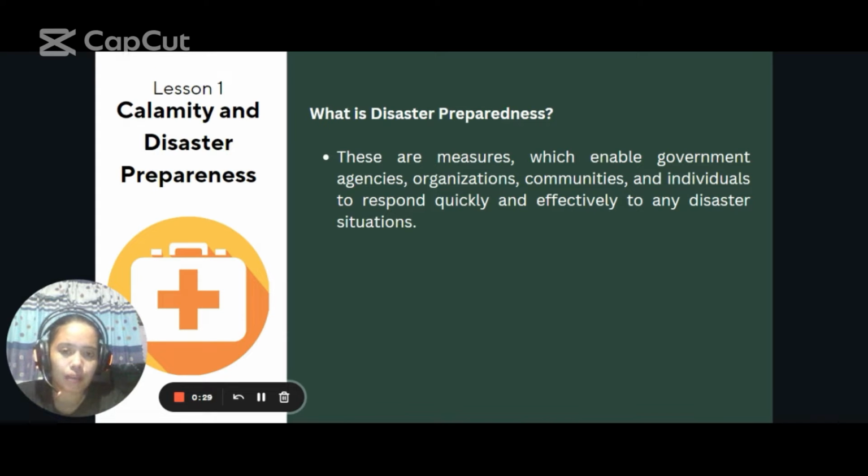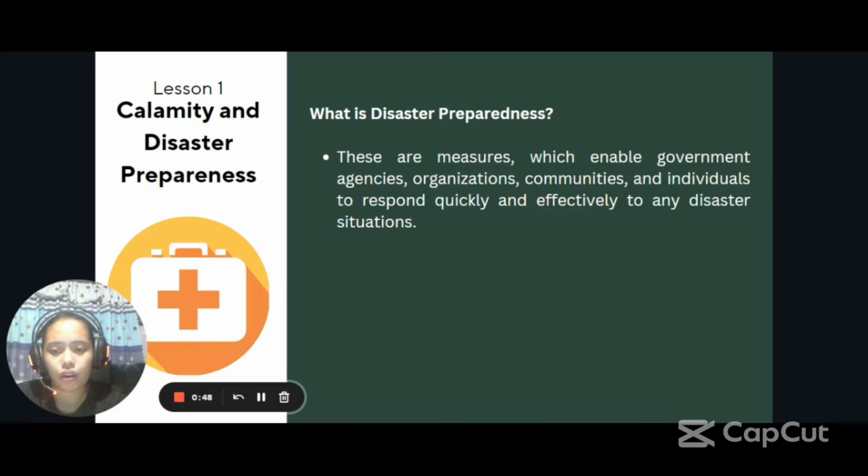Being prepared helps lessen the stress, anxiety, and worry that come with disaster. Families, individuals, and community must be aware of what to do in the event of a disaster.